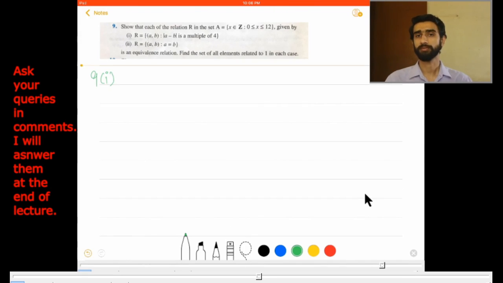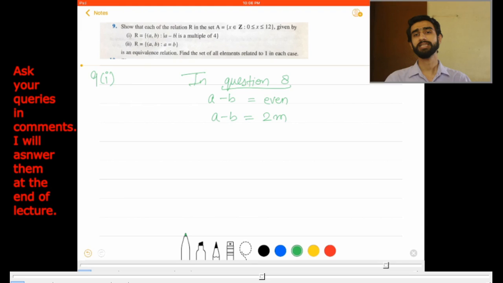So for the first part of question 9, you can see that (a, b) such that a minus b is a multiple of 4. Is it similar to some question? In question number 8, the last question, the relation was given that a minus b should be even, or I can say a minus b should be 2m. This can be written as a multiple of 2.